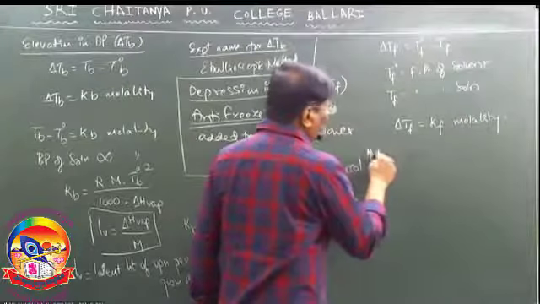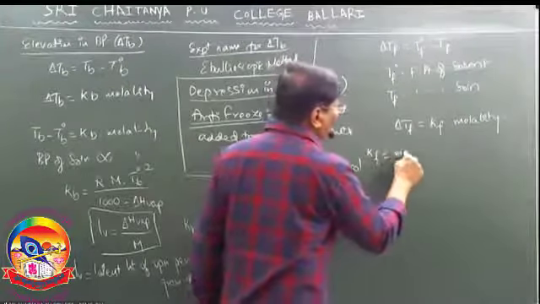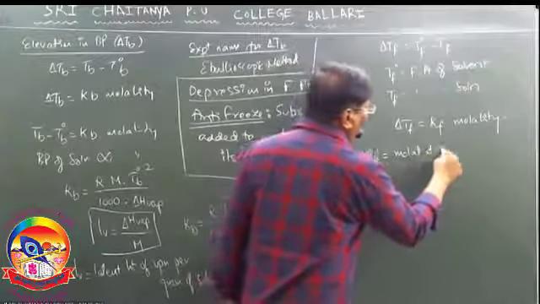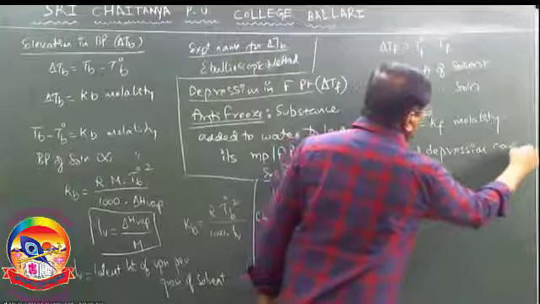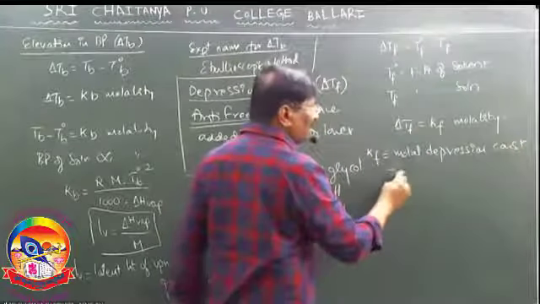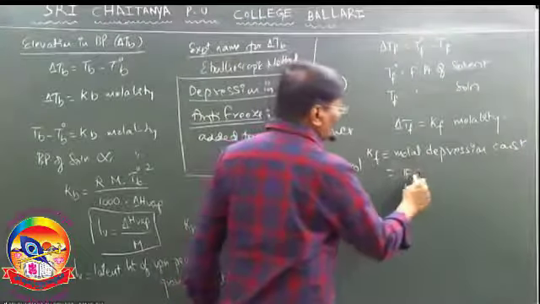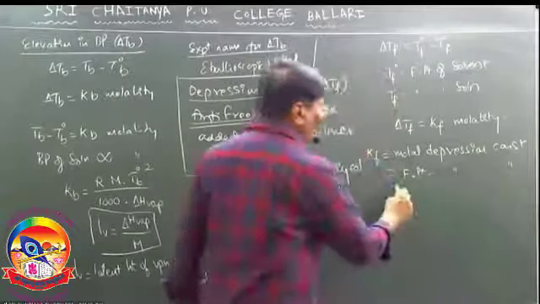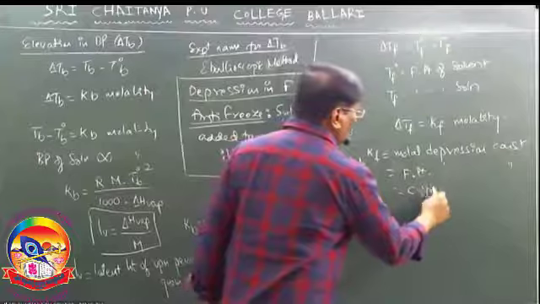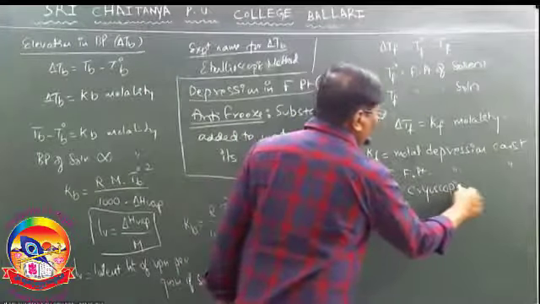KF means molal depression constant, molal depression constant. So freezing point depression constant. And one more name, cryoscopic constant.